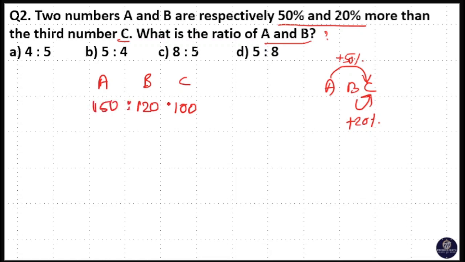So we have to find the A to B ratio, where the 0 cancels out. Dividing by 3, 3 5s are 15 and 3 4s are 12. So 5:4 is the A and B ratio. Option B is your answer.